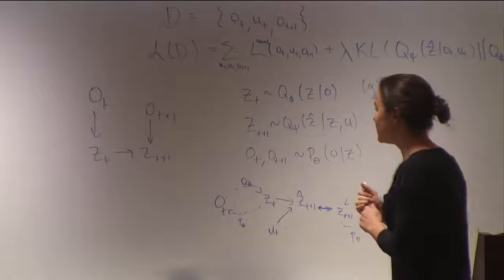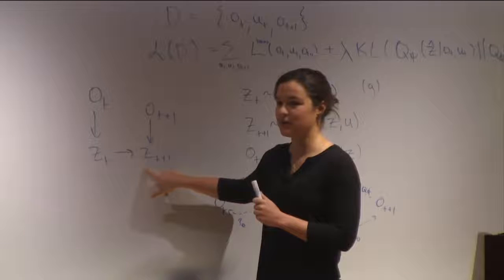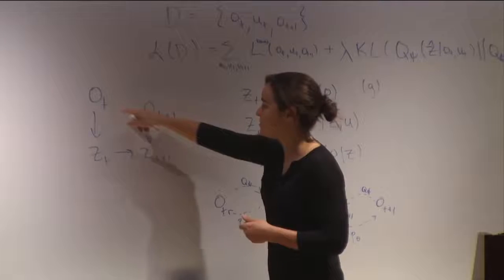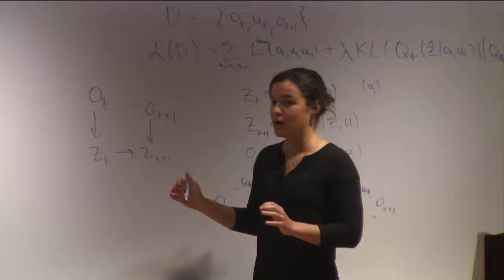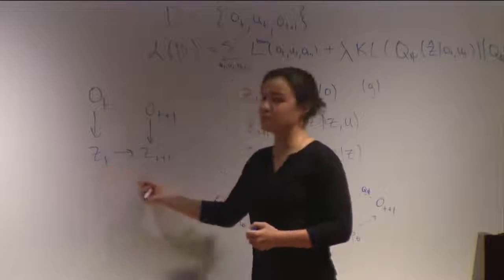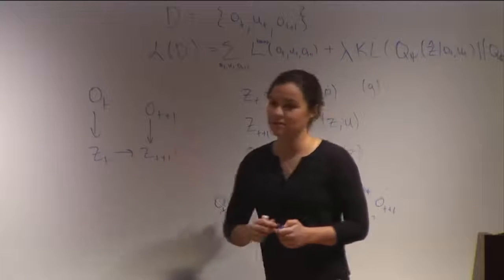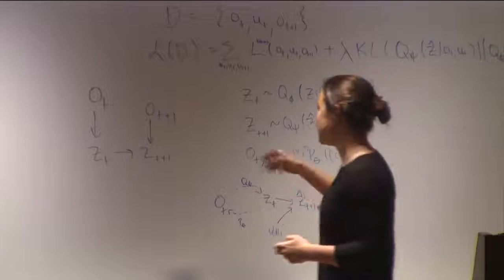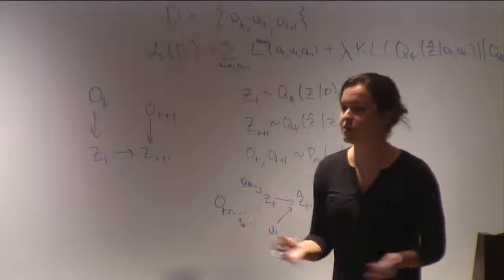If you're just trying to train an embedding such that you can predict the next embedding, there's a degenerate solution where it can learn to always map whatever observation was given to all zeros, or some constant. And then you're able to perfectly predict what the next embedding is. It just is always the same thing. And then you won't learn any embedding. And so that's why we need some sort of loss that is actually encouraging this embedding to be something meaningful rather than all zeros or some constant.